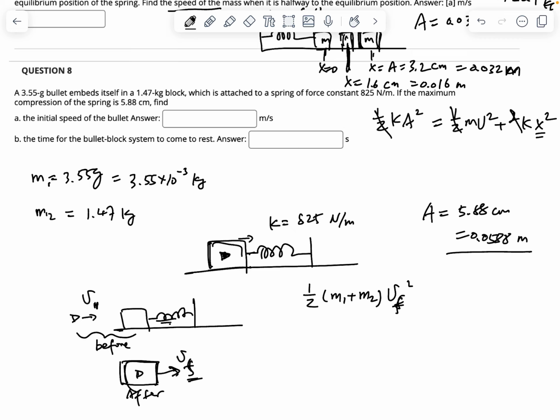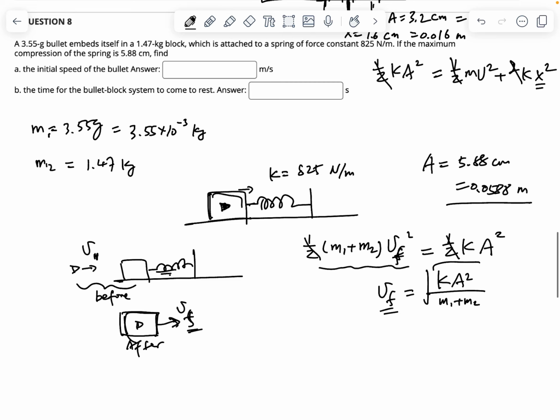When the spring is fully compressed, the velocity becomes 0, and this equals 1/2 K A squared, where A is the maximum displacement of the spring. The halves cancel, and you can figure out VF, the square root of K A squared divided by (m1 plus m2). Then you can make the calculation to find VF.